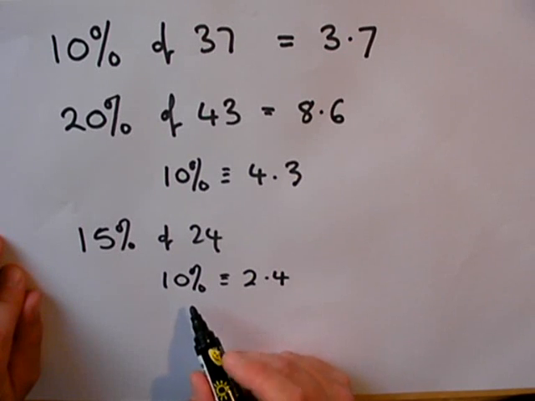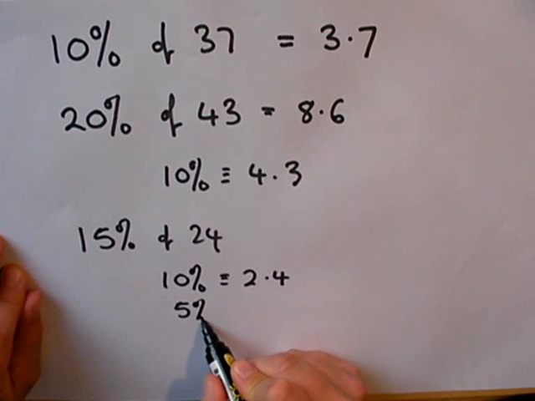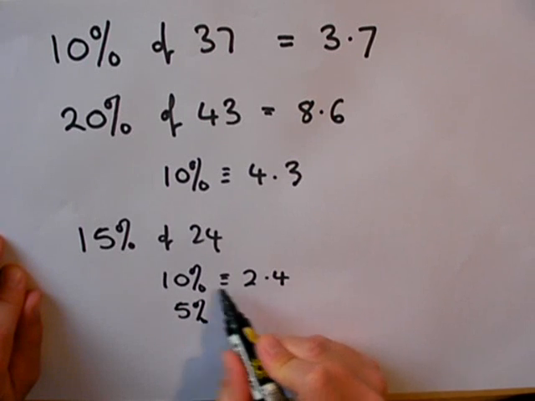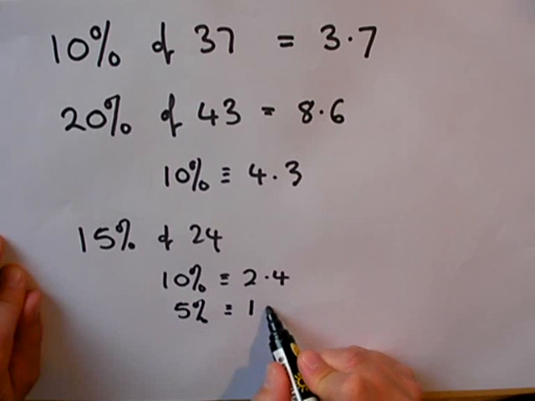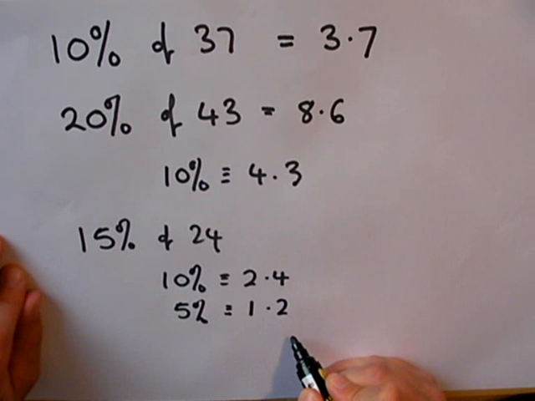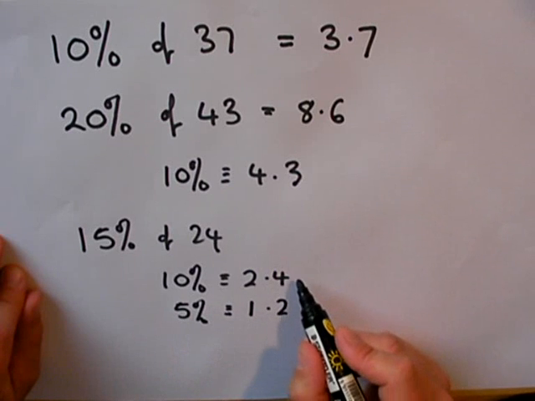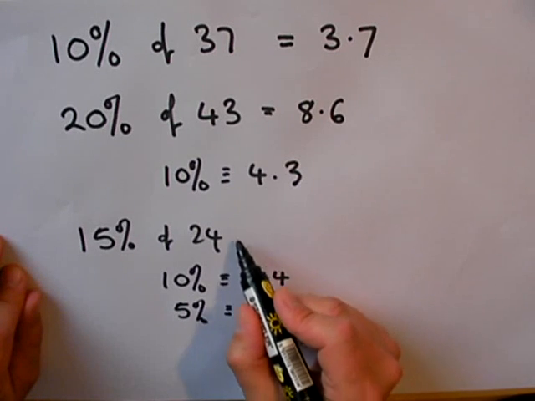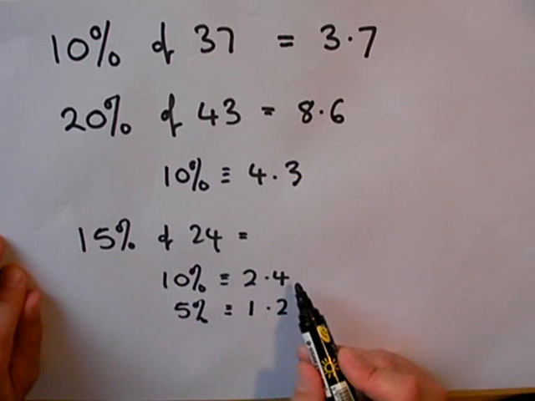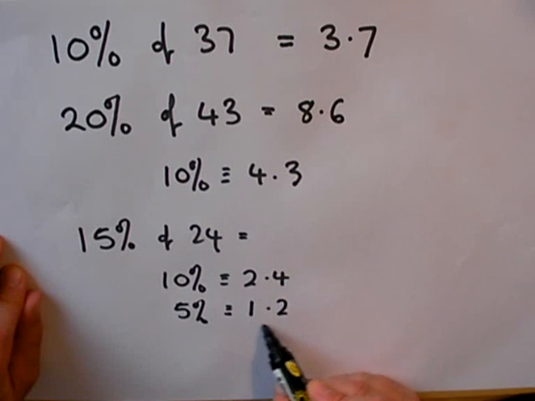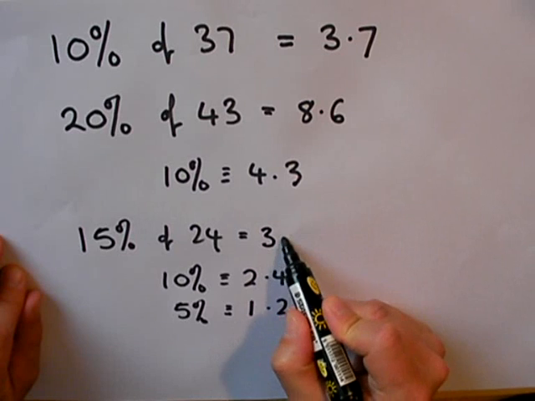Well, if I take 10%, I can work out 5%. 5% is going to be half of this, so that will be 1.2. 10% and 5% can be added together to make 15%. So 15% of 24 is 10% and 5% added together, 3.6.